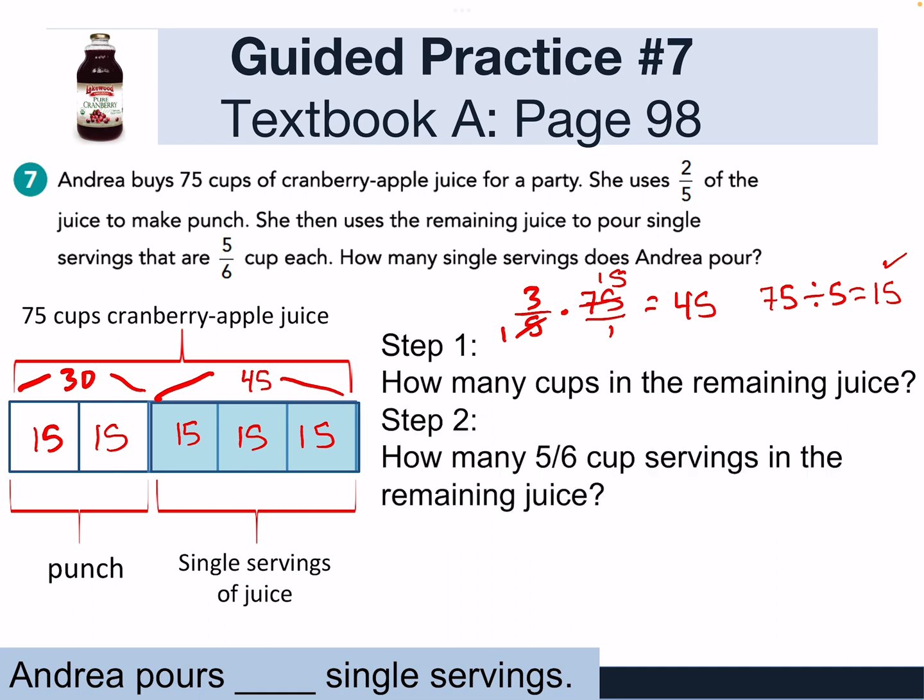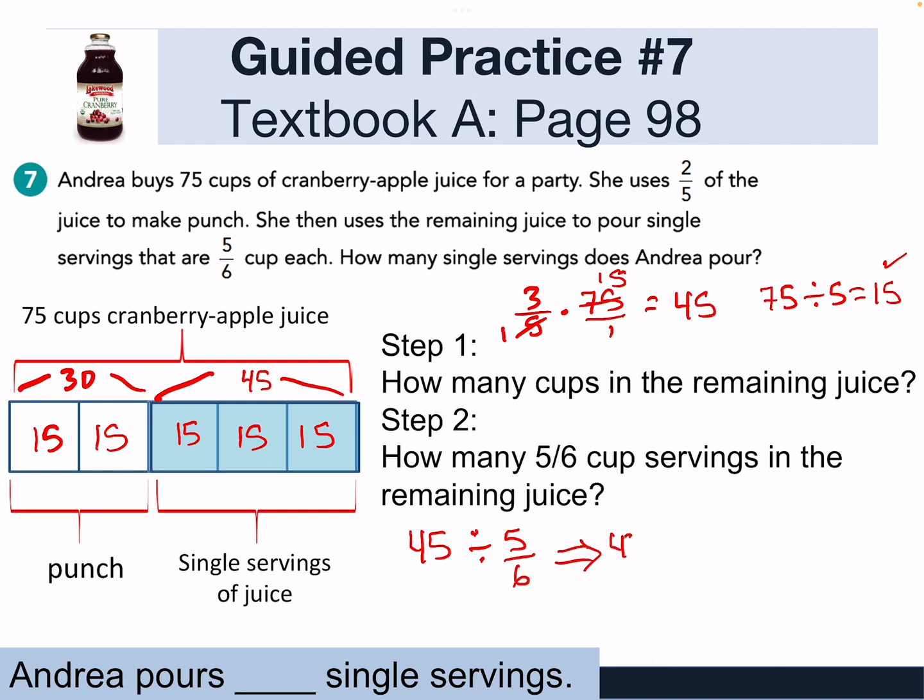And that brings us to step 2, which is how many 5/6 cup servings are in the remaining juice. If we have 45 and we're asking how many 5/6 are in 45, well, you know how to divide by fractions.